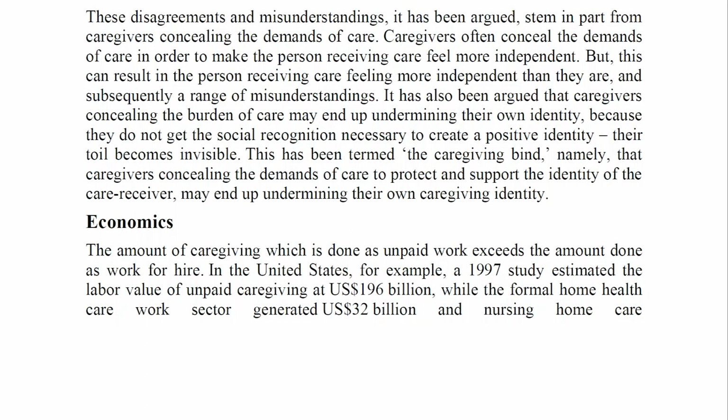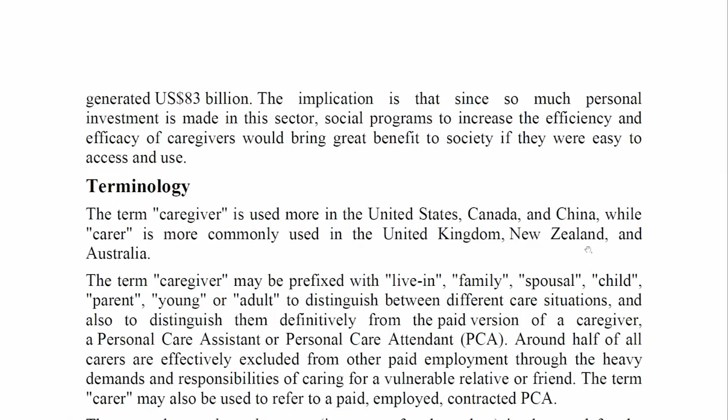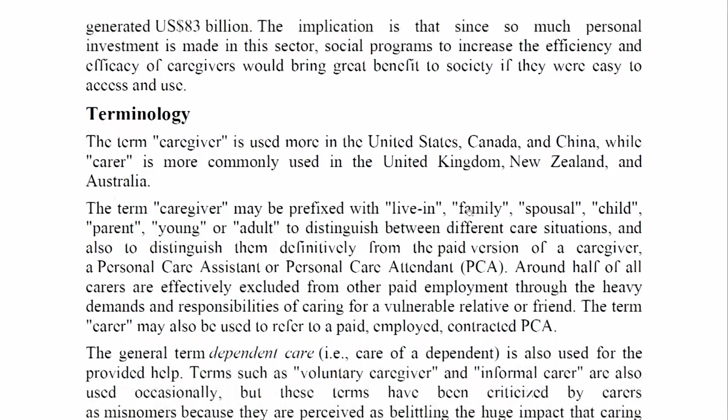Nursing home care generated $83 billion. The implication is that since so much personal investment is made in this sector, social programs to increase the efficiency and efficacy of caregivers would bring great benefit to society if they are easy to access and use.